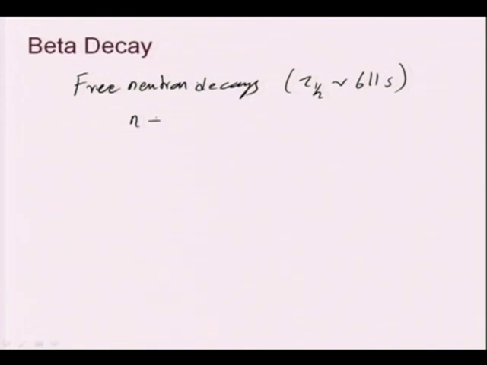N goes to P plus E minus and neutrino. Actually, for reasons that will be explained in the later discussions, this is actually an anti-neutrino that will come out along with the electron.